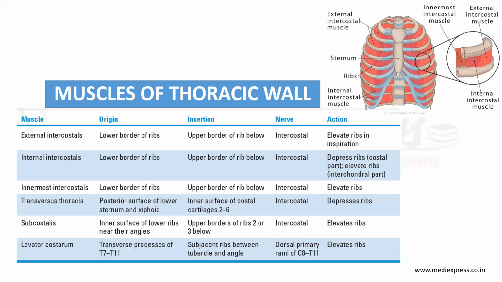So coming to the next one, the muscles of the thoracic wall. When we started with the thorax, when I was telling about the intercostal muscles, we already said that the muscles of the intercostal spaces, the first three, which we already know, are the external intercostal, internal intercostal, as well as the innermost intercostals.